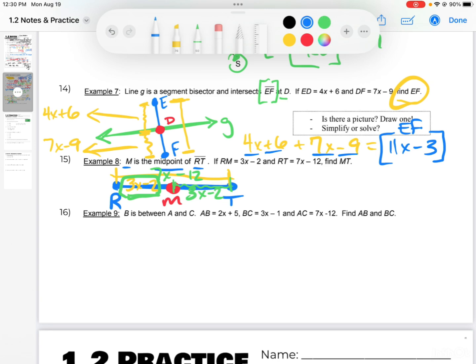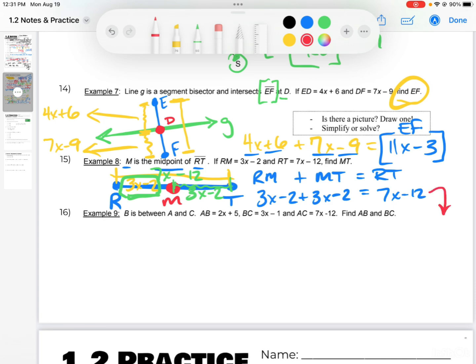We know that these two parts, RM, which is 3x minus 2, and MT, which is 3x minus 2, equal RT, which is 7x minus 12. So I would combine like terms, 6x minus 4, and I would set it equal to this equation, 7x minus 12.